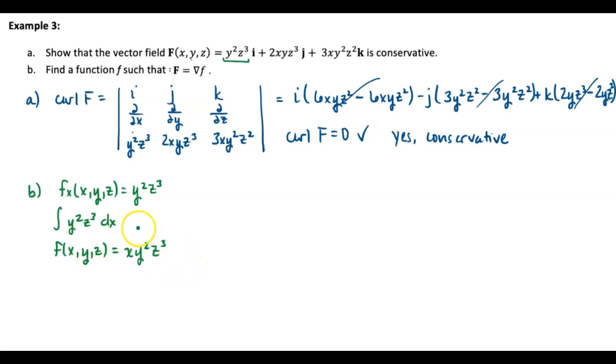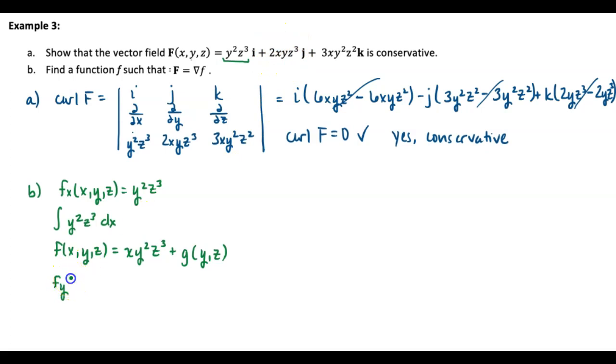Now we have this constant of integration. Because we only looked at the i component, this constant of integration could contain both y and z components. And so that's why I'll call this a g of y and z, so some other function of y and z. Now to solve for this g of y and z, I'm going to take the derivative of f with respect to y, because we're given that that's 2xyz cubed.